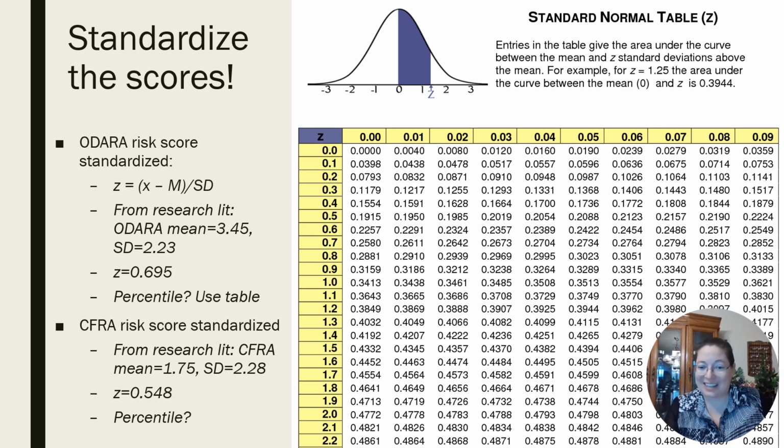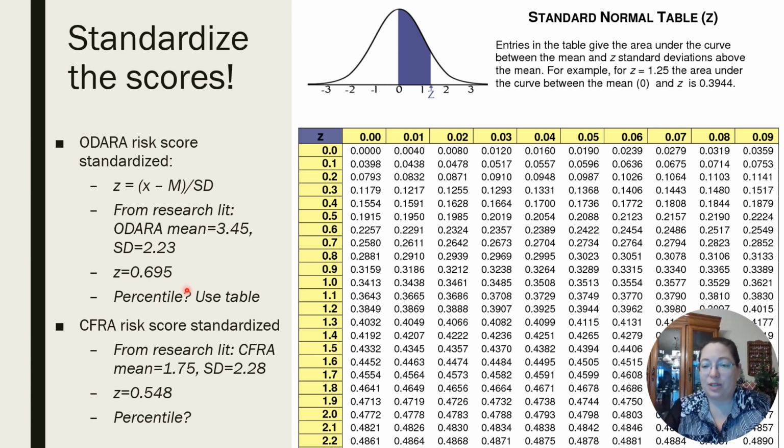Well, if they calculated the standard scores, what they could do is find out the percentile for this particular situation in this family. So if we standardize the ODERA risk score, we use the formula that's provided here and in the textbook, and we know from the research literature that the ODERA has an average of 3.45 and standard deviation of 2, and we end up with this Z score here.